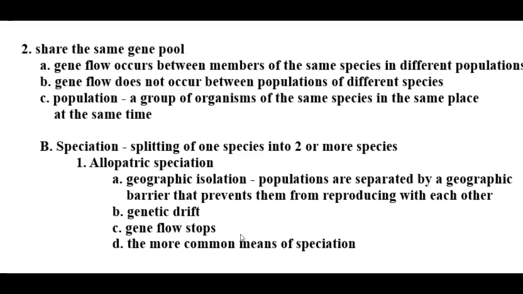Alright, now we're going to look at two ways to get speciation. The one we're going to look at first is the most common type. Make sure you know this is the most common. So speciation splits one species into two or more species, where the two new species will not reproduce with each other. Alright, the first one is allopatric speciation.